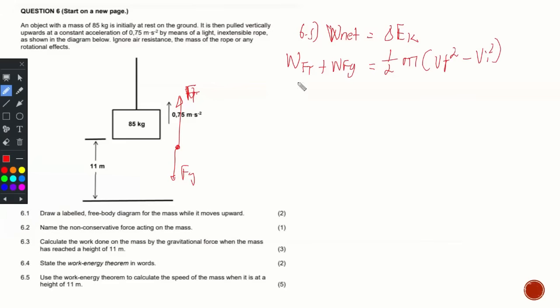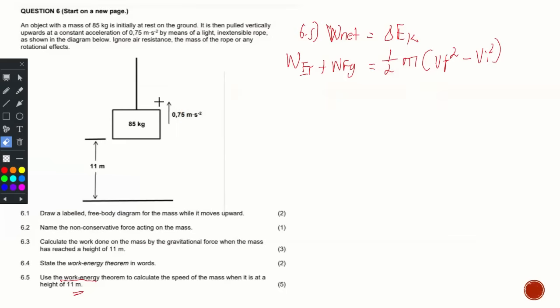Now, note that we don't have this. We are to use the work energy theorem to calculate the speed of the mass when it is at a height of 11 meters, right? So we don't have the work done by the tension force, and we also don't have the magnitude of the tension.